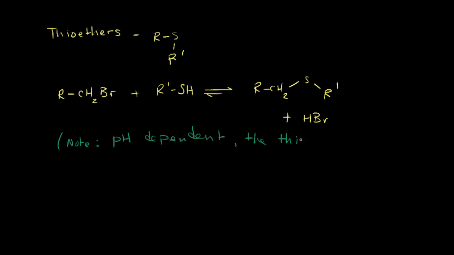If the media is particularly polar and it can support solvation of ions, we can get a significant proportion of thiolate ion. And the thiolate ion is the better nucleophile. If you think about it, the thiolate ion will have three lone pairs of electrons surrounding it, whereas a thiol will have only 2.